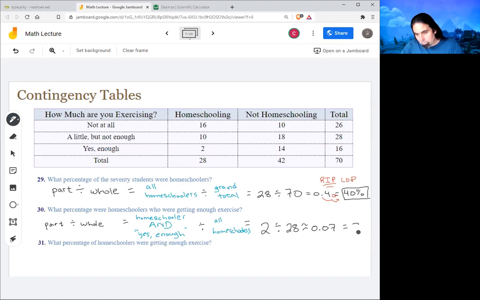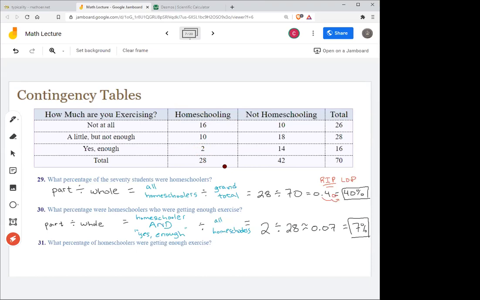So that would be 7%. So out of only the homeschoolers, 7% of them, 2 of them, were getting enough exercise. Everyone okay with how different that is? Yeah. Yes. Yeah.